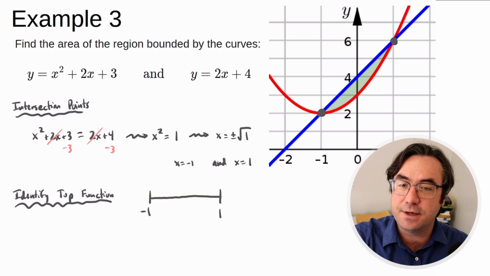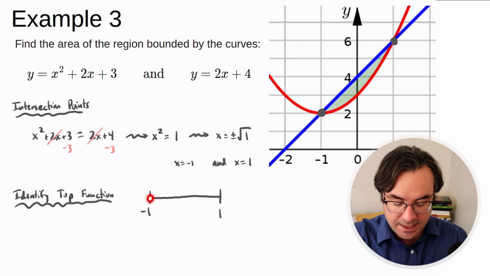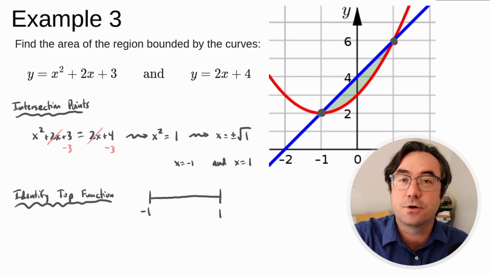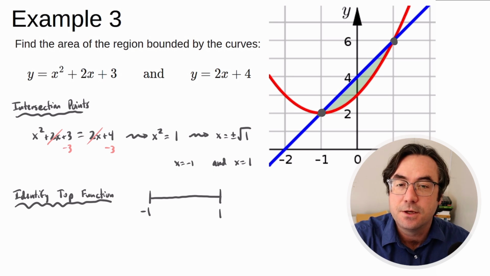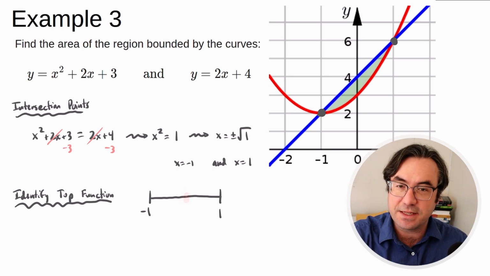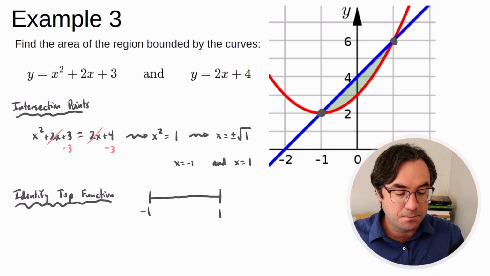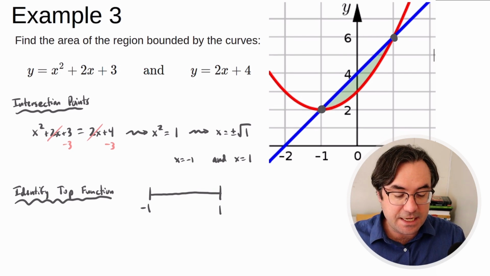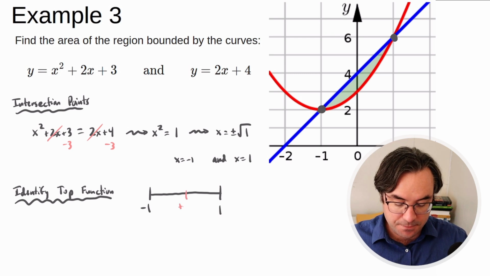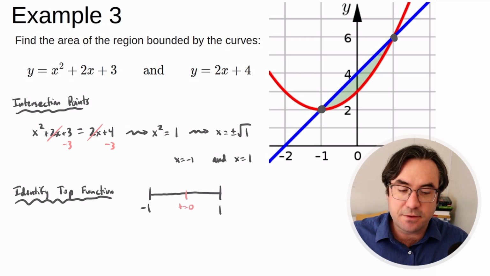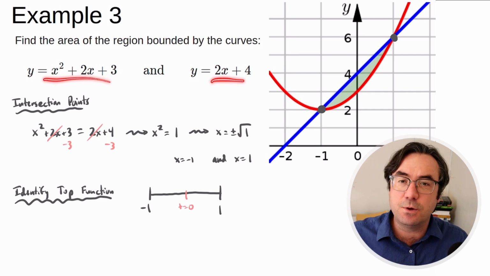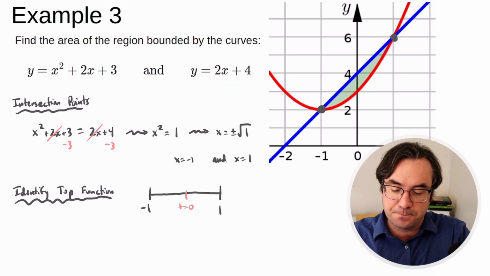At these endpoints, the two curves have the same value, so we just want to pick a test number that sits inside here. Maybe x equals 0 would be a good test number. We're just going to plug this into both functions and see which one gives us the larger value.